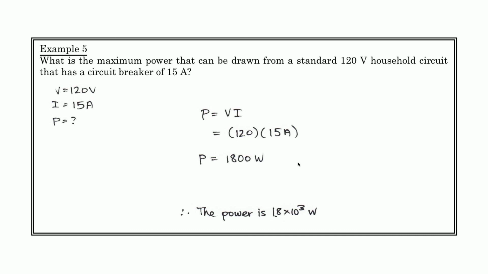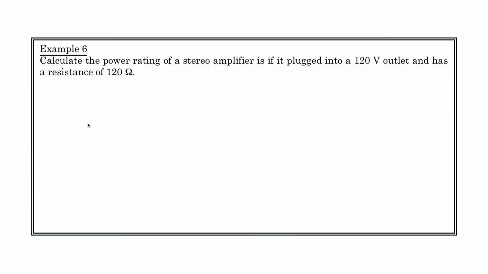Okay. Let's take a look, though, at another example. Here we have, what's the power rating of a stereo amplifier if it's plugged into a 120 volt outlet and has a resistance of 120 ohms? So here we're being asked to calculate power, but we're not given current. And so we know that power is equal to voltage times current, but perhaps we can use this resistance to find out.